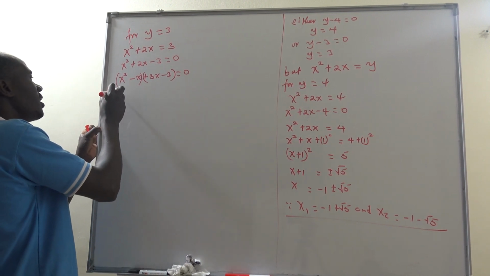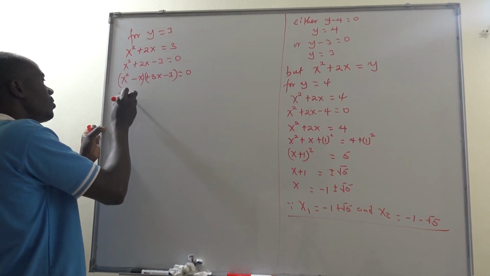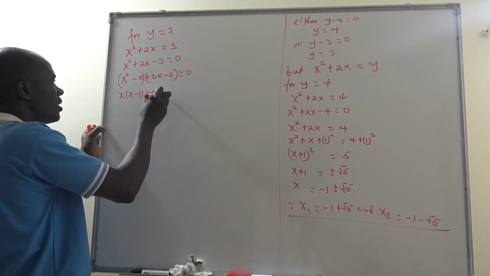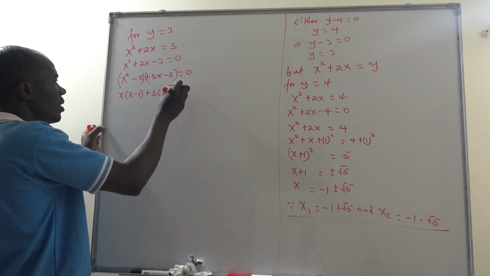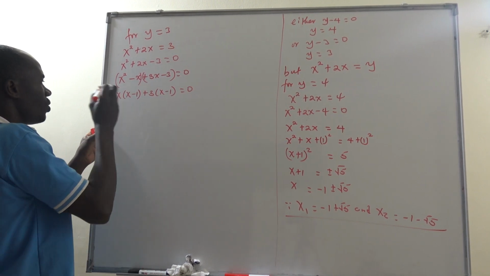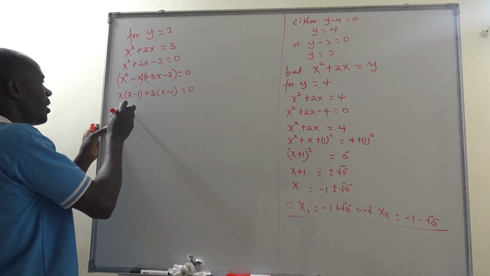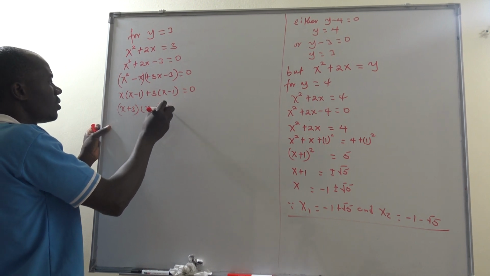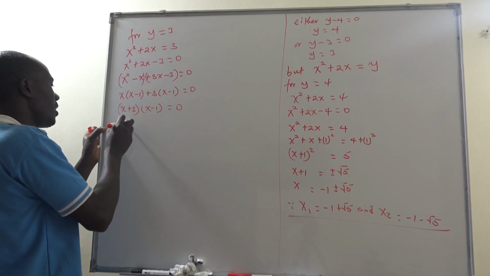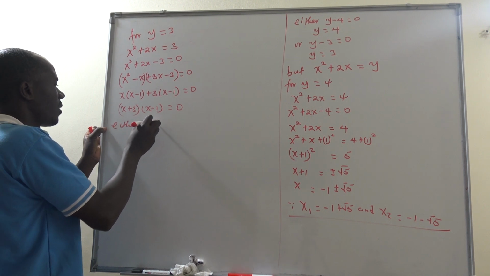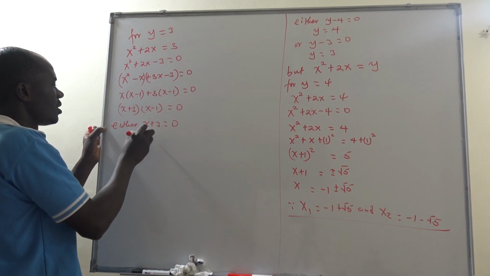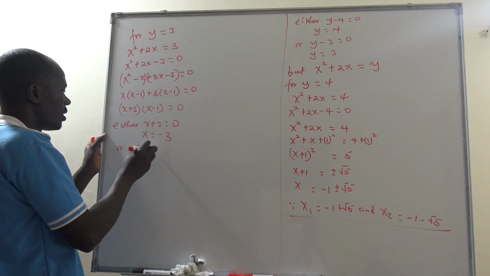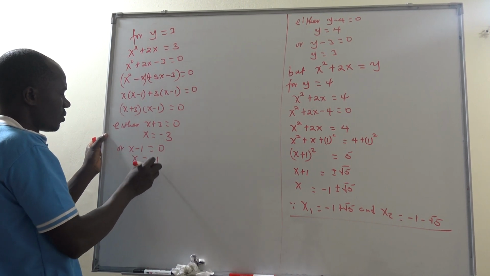What is common here is x into x minus 1, and what is common there is plus 3 into x minus 1 equals 0. So what do we have? We're going to have x plus 3 into x minus 1 equals 0. We say either x plus 3 equals 0, which means x is -3, or x minus 1 equals 0, x equals 1.